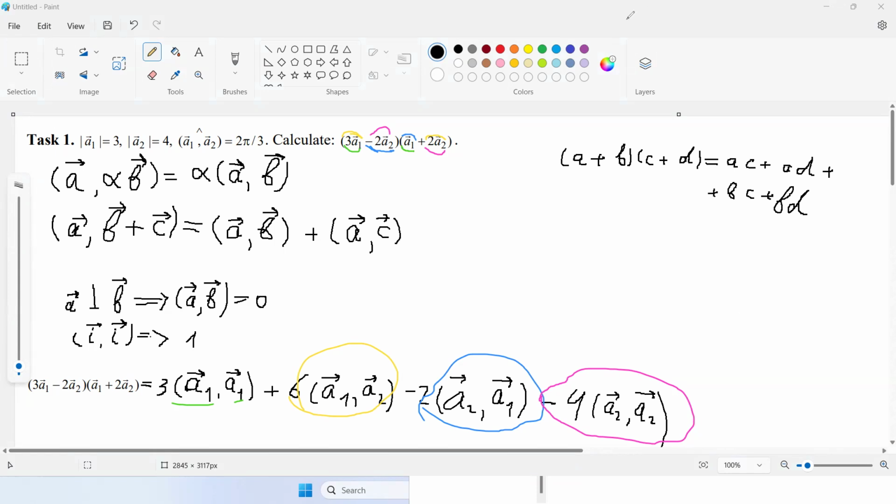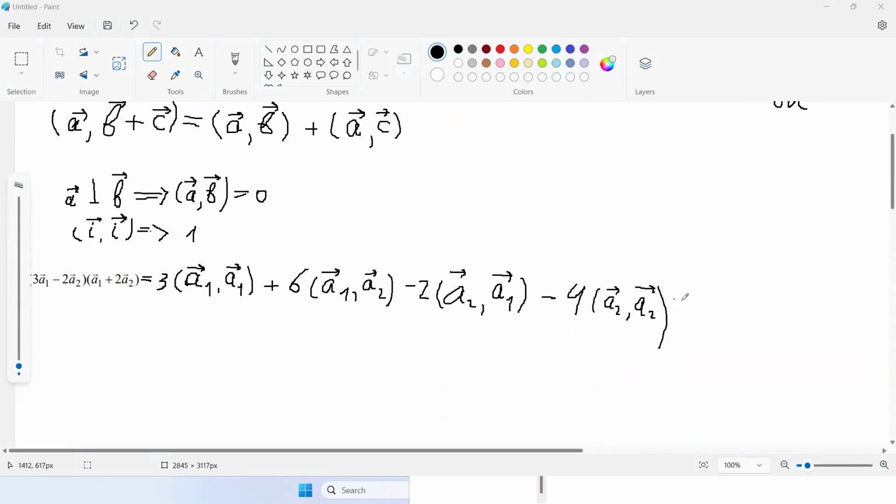Okay, and now let's calculate. I will delete my drawings for now. Let's continue. For some reason it's not drawing correctly today.